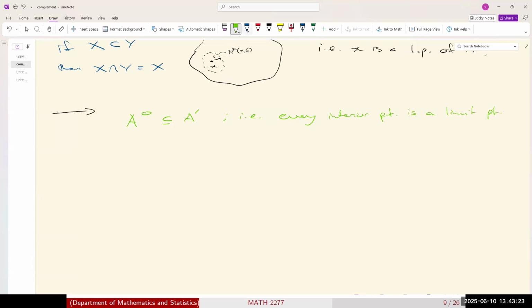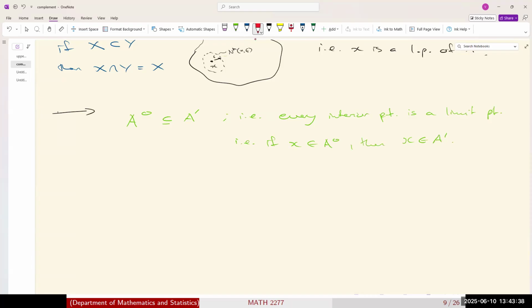In other words, if X belongs to the interior, then X belongs to the derived set.